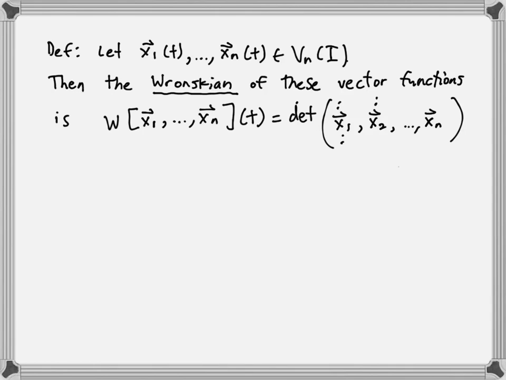Each vector becomes a column of this matrix. So this is an n by n matrix, so we can take the determinant of it. Okay, so I will say note, for vectors, no derivatives are involved in the Wronskian.